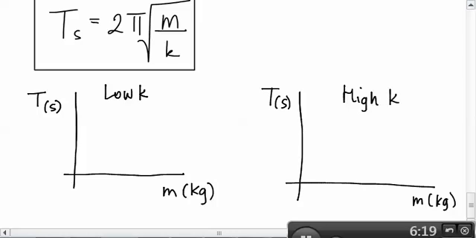The one with the low k constant, didn't it have a maximum period of about 1 second? And if I use the same exact scale for both of these, the one with the high spring constant, didn't it have about half of that? Now we've already discussed that this looks like a square root function.